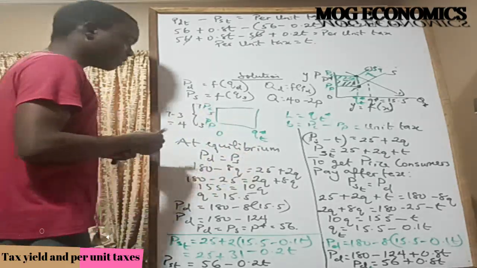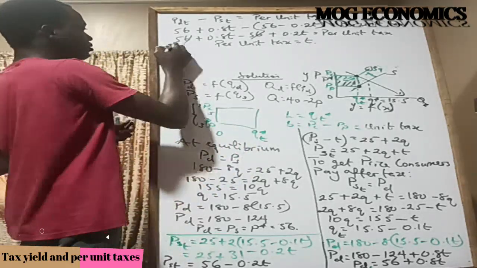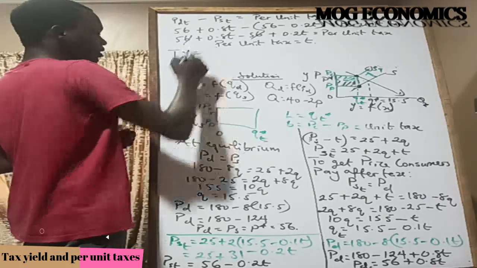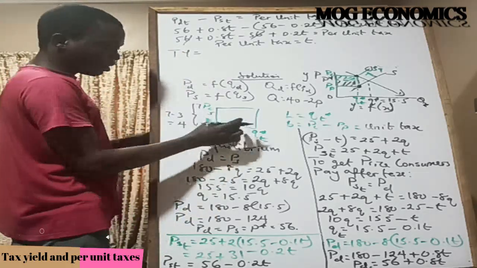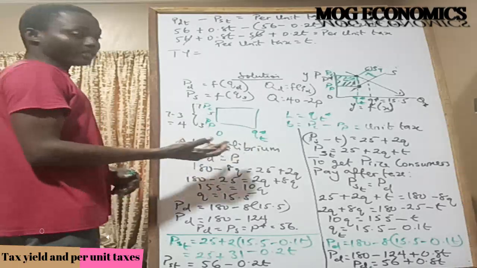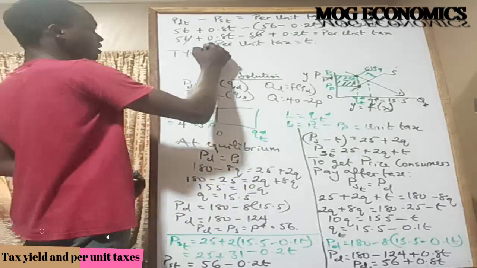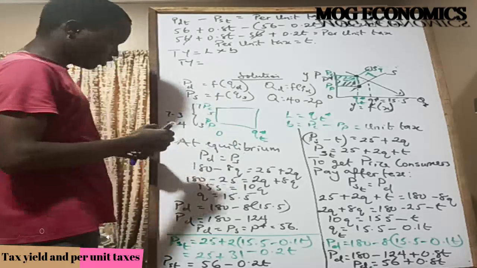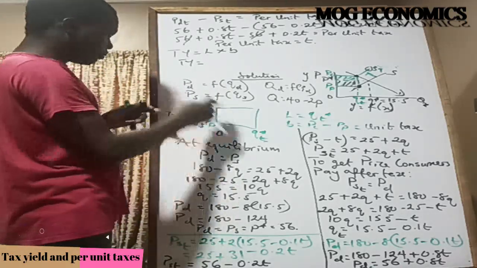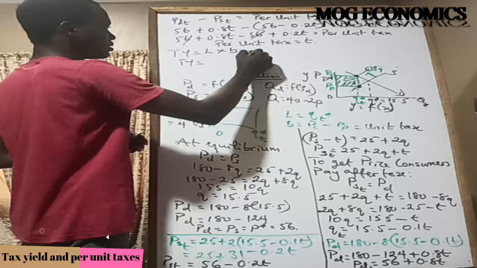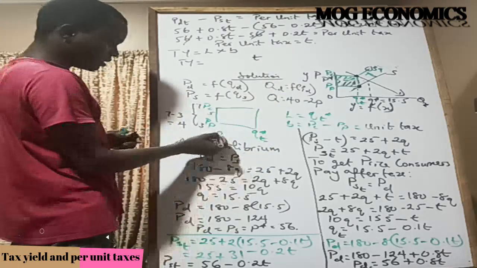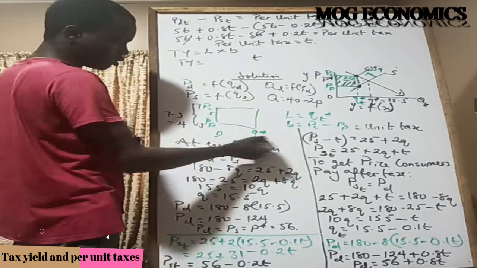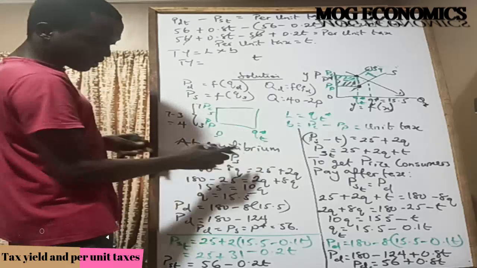Right. So how do we get our tax yield? Tax yield, which I'm going to call Ty, is equal to the area of a rectangle, length times breadth. Our breadth is T. And what is the length? The length is the distance between here and here, which is between 0 and our QT.